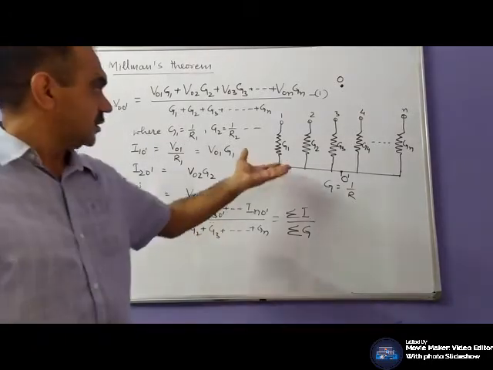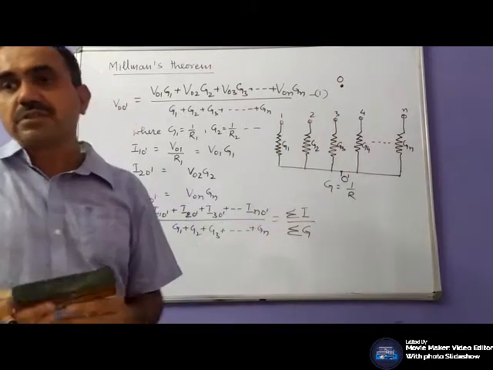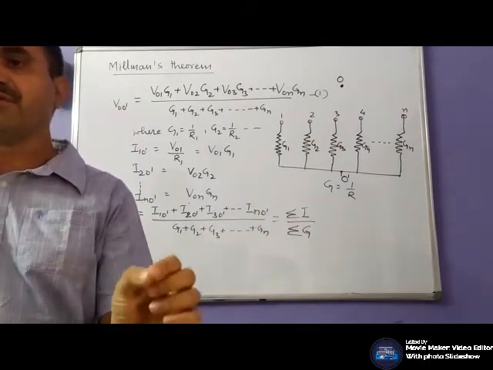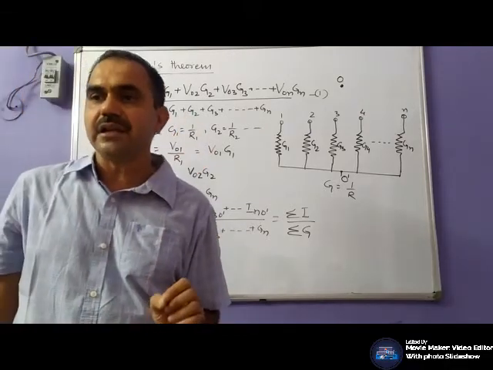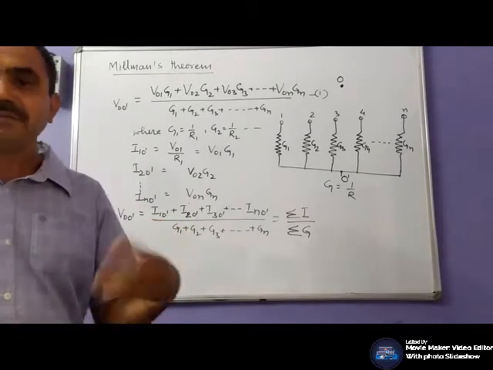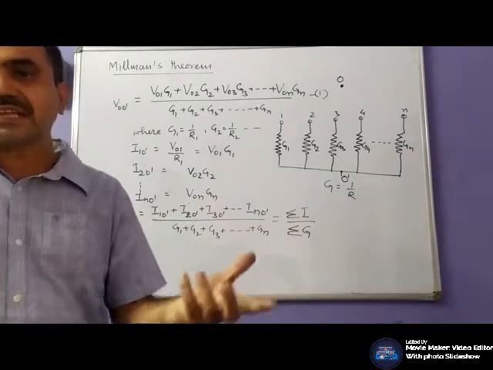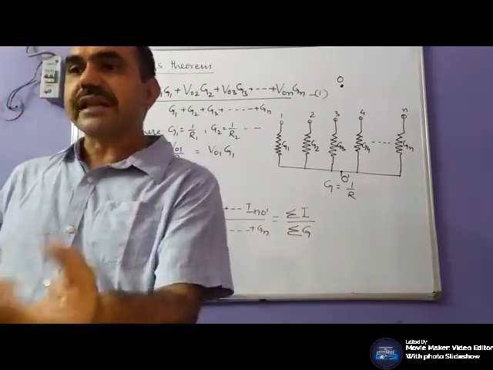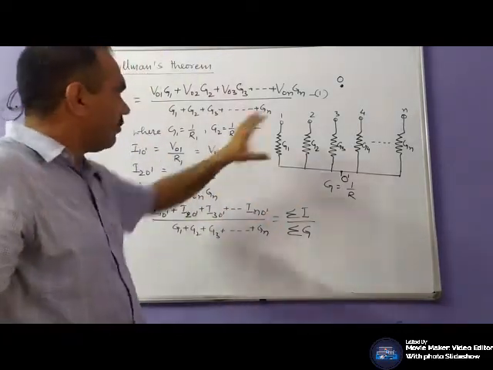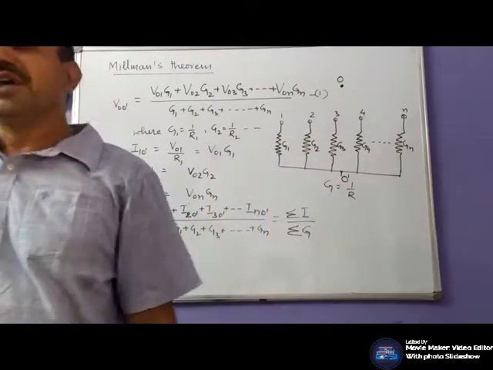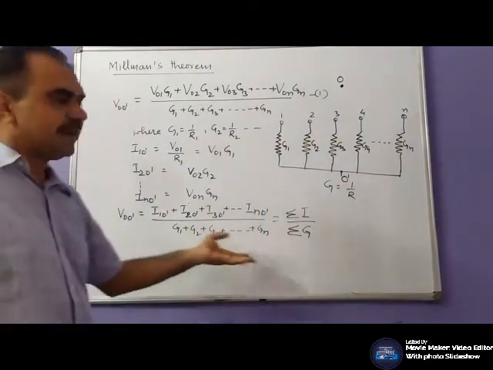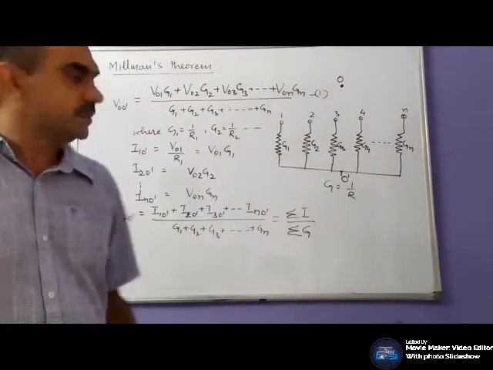Simple. Either a number of voltage sources are connected in parallel. This theorem is applicable where a number of voltage sources are connected in parallel, or a number of current sources are in parallel. There may be certain branches or resistances which are not connected in parallel. So when we have to find out the open circuit voltage, we have to ignore these resistances. We will explain that in taking certain problems.